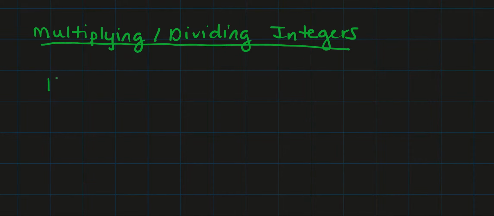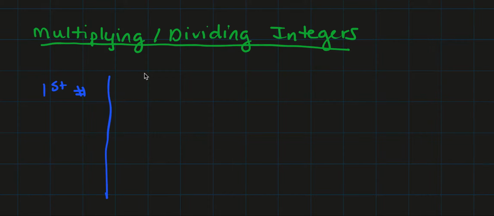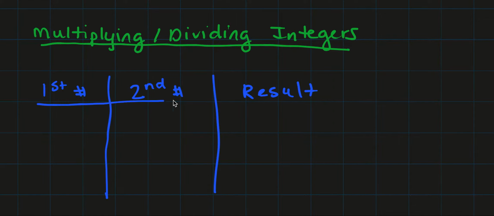So what I'm going to do is I'm going to say first number. In fact, let's do it in a different color. Let's go with blue. Our first number, our second number, and our result. Okay. Now I'm going to give you two numbers.